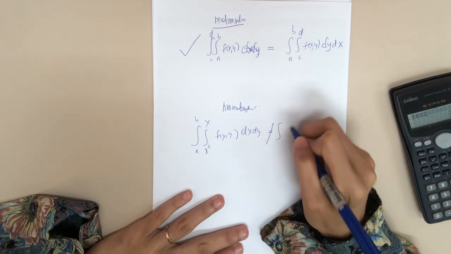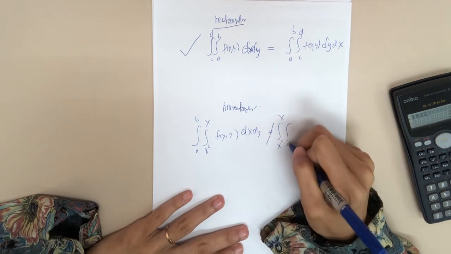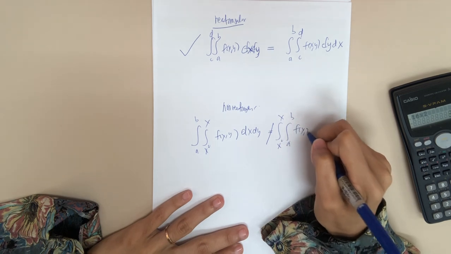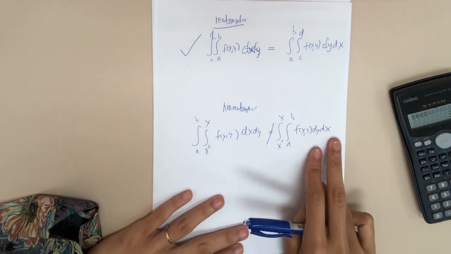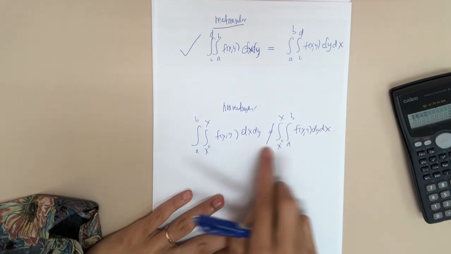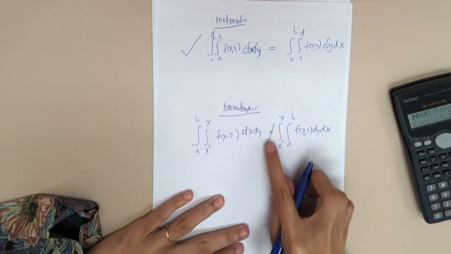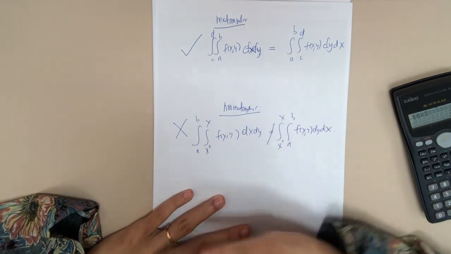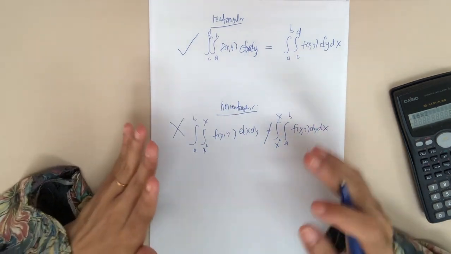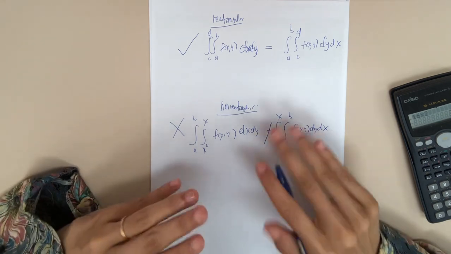This is not equal to this. Even though you change the limit and the integral, the answer will not be equal. So you cannot simply interchange the limit. For the non-rectangular, you cannot just change the limit as you like.